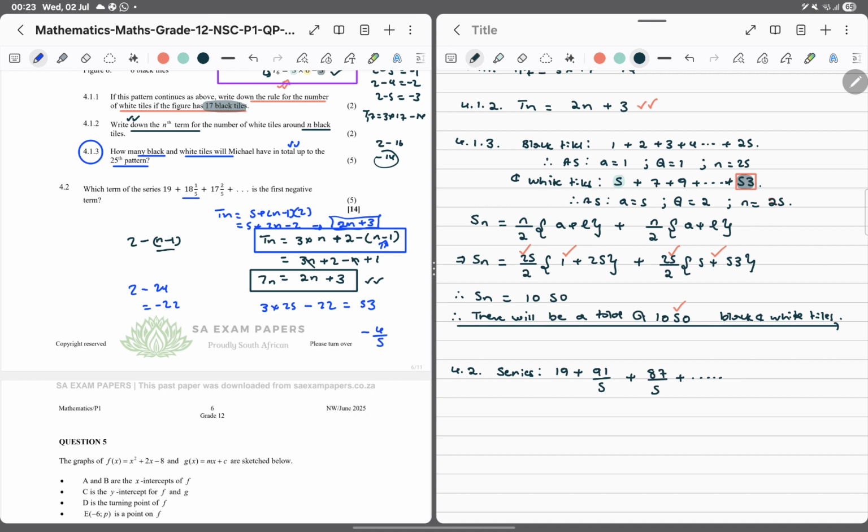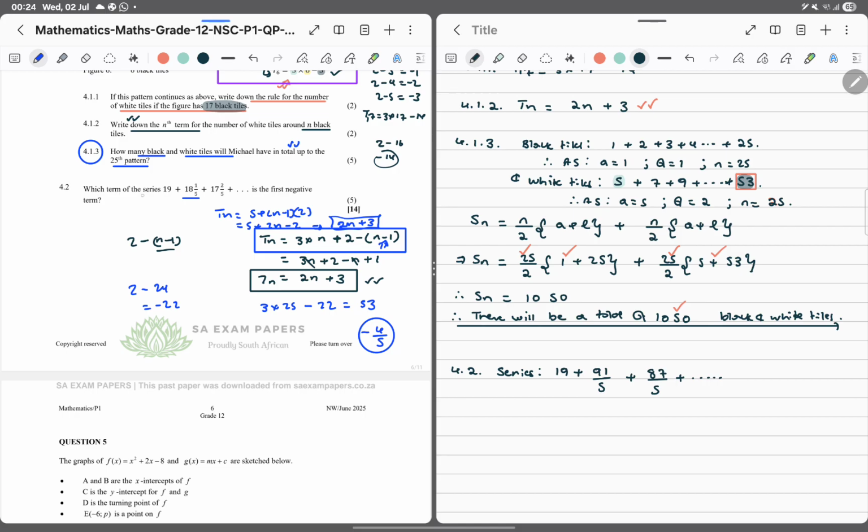All right, let's see, 87 over 5 minus 91 over 5 also gives us minus 4/5. So this is indeed arithmetic.